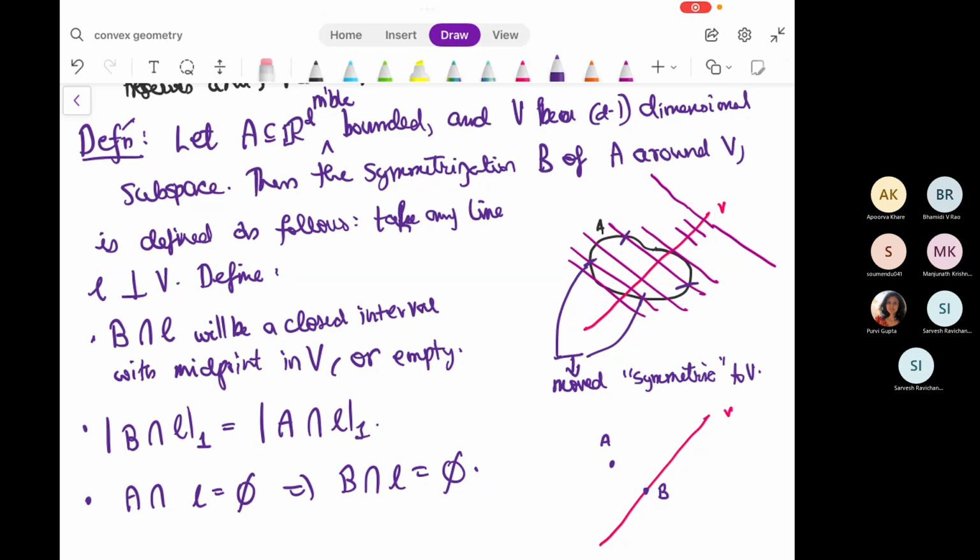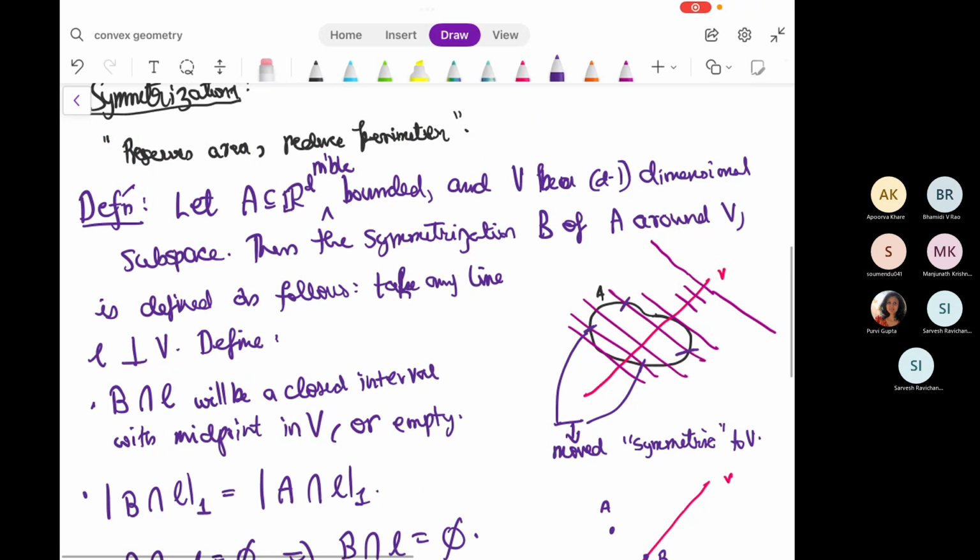Okay, so then what I will do is add it into the hypothesis instead. So let's not assume that A in R^d is bounded. Let's assume that it's measurable, and in addition that A intersection L is measurable.